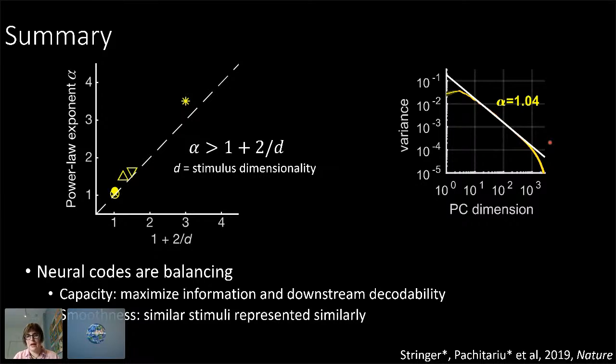So yeah, actually, I'll take some questions here before I move on. So I got one question which said, how do you think this would look for another stimulus modality like auditory? We don't know. It could also be high dimensional in this way with a power law decay, but I don't think it's been tested before.